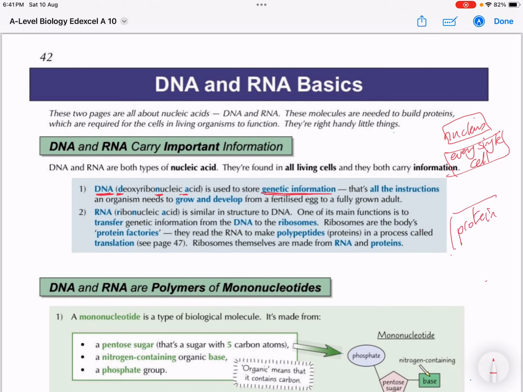Why are proteins really important? Because these proteins could be hormones. These proteins could be enzymes that control all the reactions happening inside your body. These proteins could be antibodies that help you fight diseases.